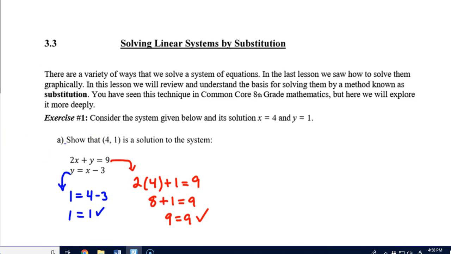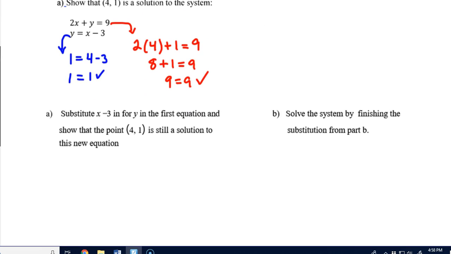Well, we can do that here. We can make a substitution of x minus 3 in place of y because of that equal sign. Because it says that they're equivalent, I can make a substitution. So when I write that first equation, I'm going to write out 2x, but when I get to the y, I'm going to, instead of y, write x minus 3, and I'll use a color to demonstrate that.